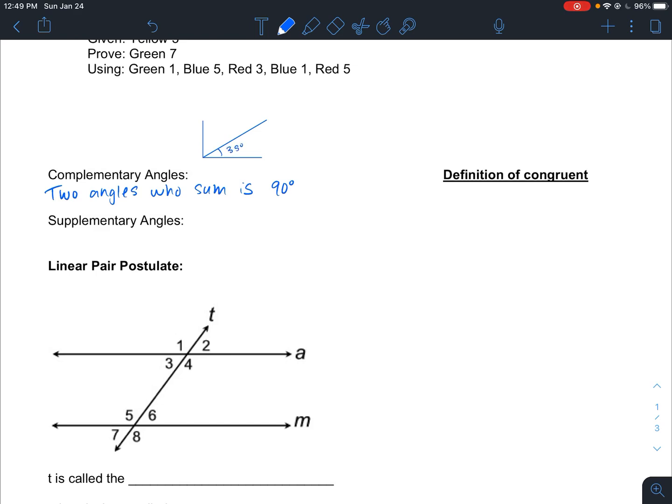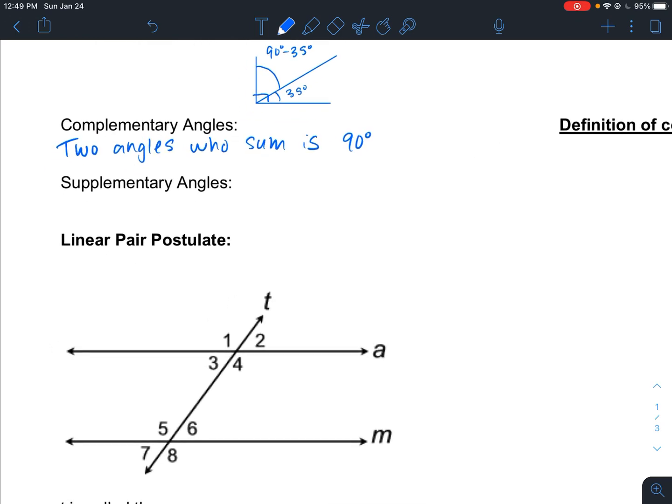Because we know that this is a 90-degree angle and this part is 35 degrees, this helps us to determine other angles because they are complementary. So this angle must be 90 degrees subtract 35 degrees. These two are called complementary angles.